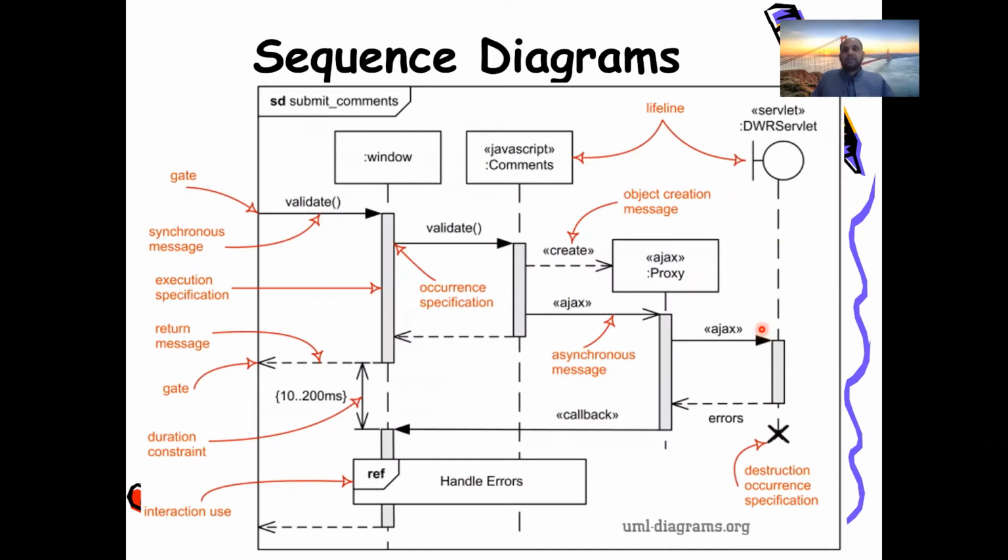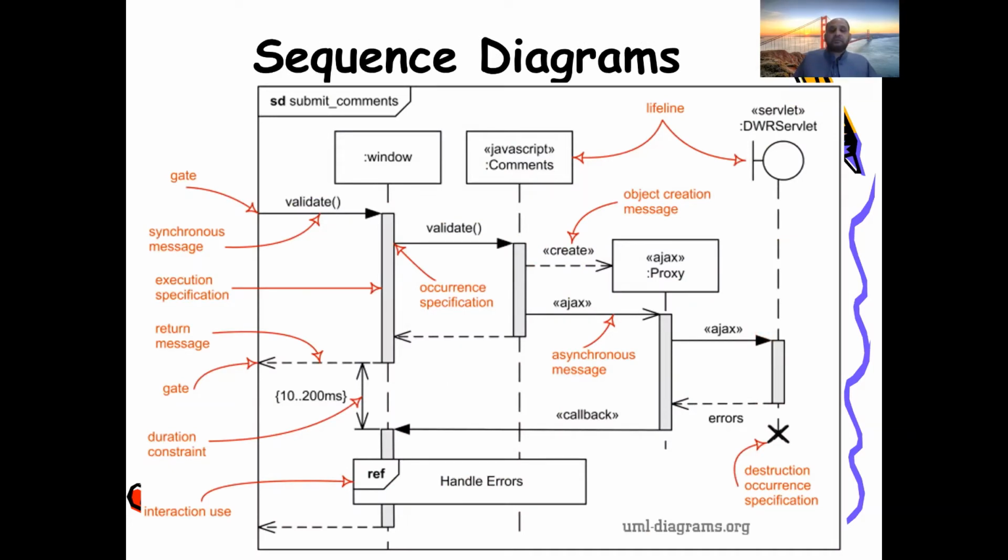Let's see an example. This is a sequence diagram. So first of all, let's see the lifelines. Here you can see lifeline. So comment is a lifeline.